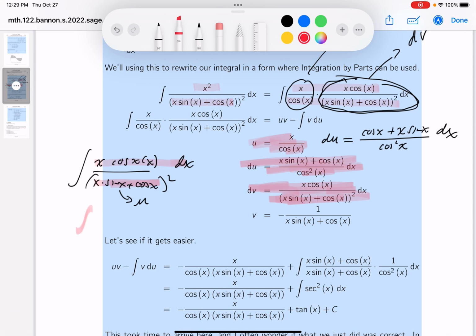You're going to get 1 over u squared du, and that would be u to the minus 2. Well, then the integration would be minus 1 over u. All right? What was the u again? This is the u, and that's how we got this over here. So minus 1 over u.